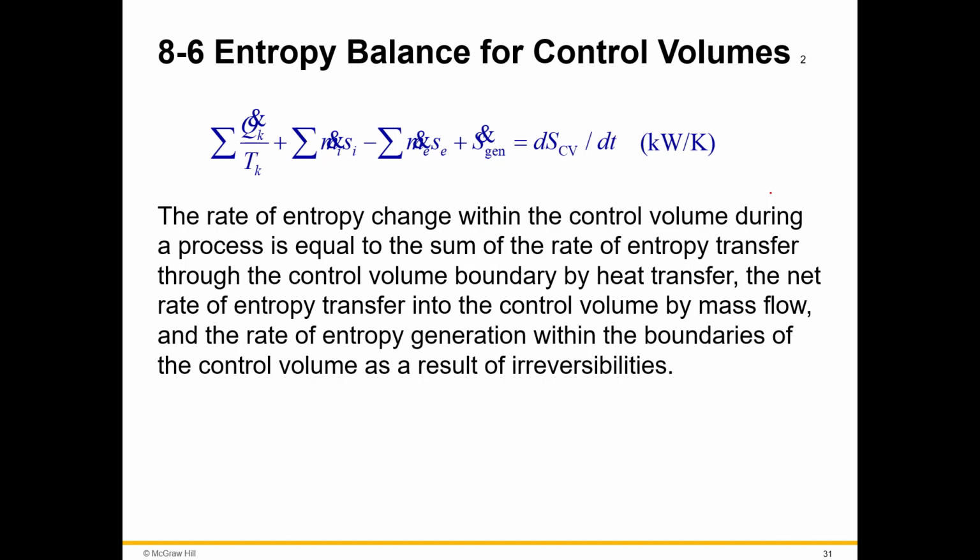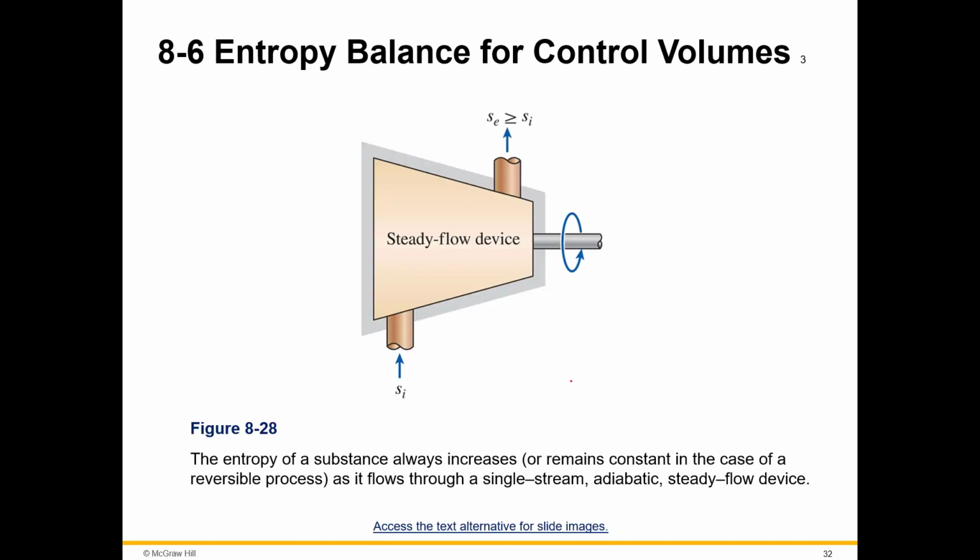And that's carried on. I won't say that's carried by work because S generated by work is 0, but it's coming in the form of things like friction, and you have friction when you're talking about work, things spinning, stuff like that. So the entropy generation within the boundaries of the control volume as a result of irreversibilities.